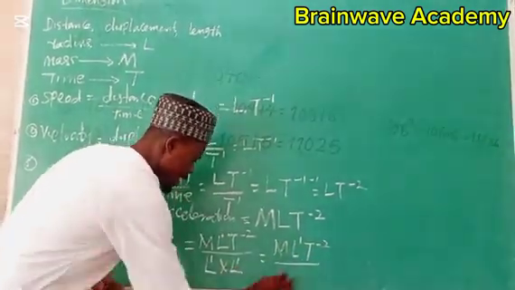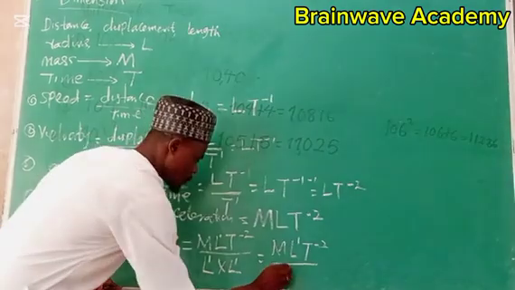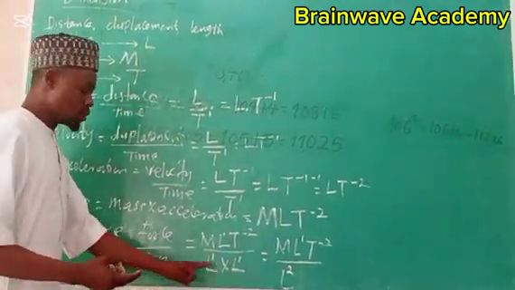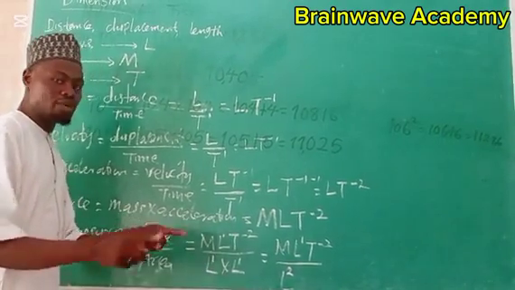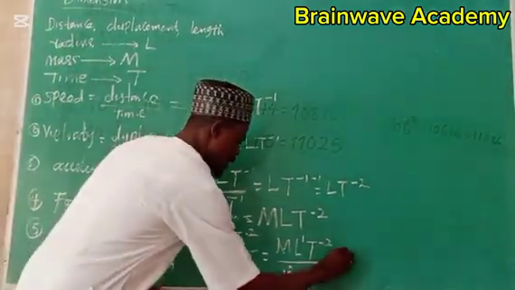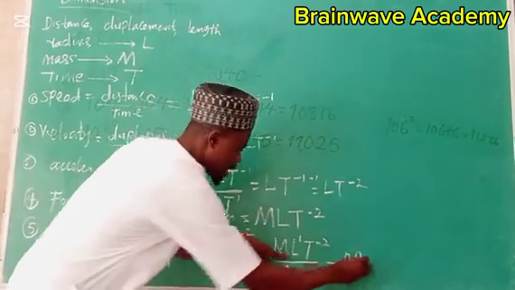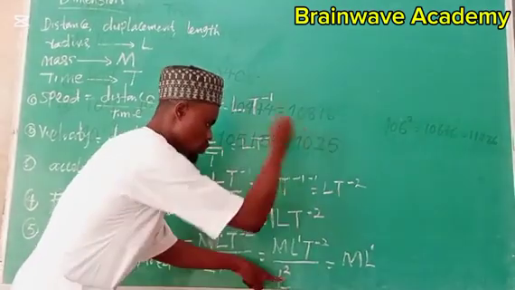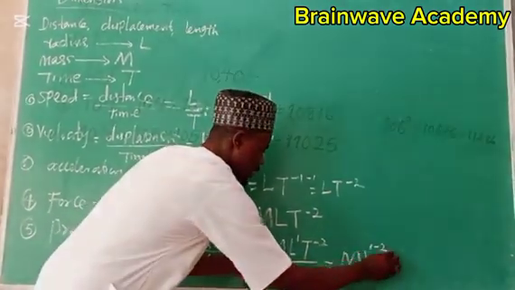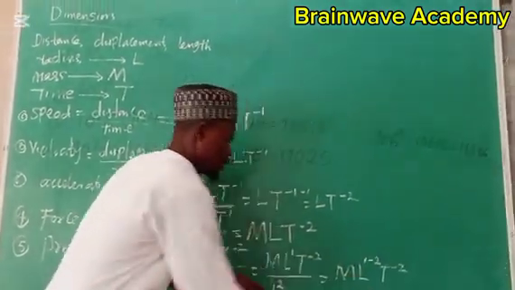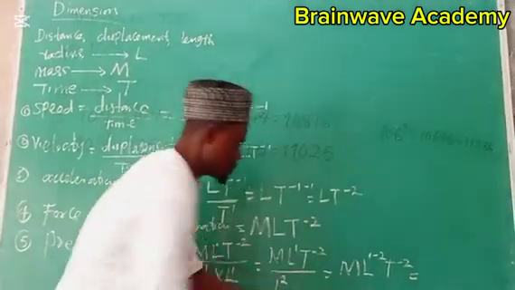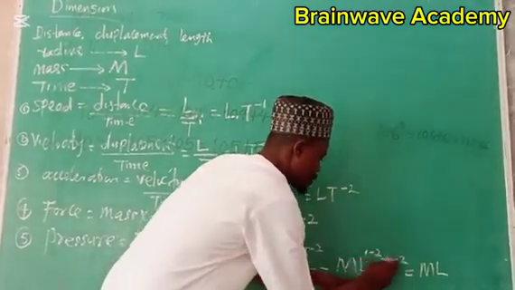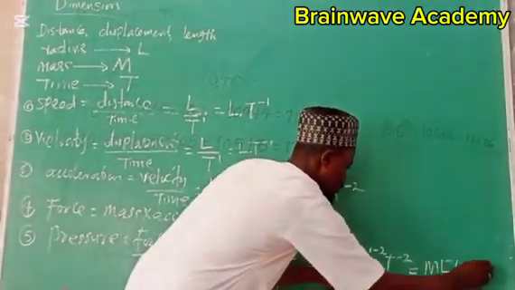1 plus 1 is 2, because in multiplication of indices, when you have multiplication between two letters, you add the powers. So we now have M. M is common, I'll pick the first power. L to the power 1 minus 2 is L to the power minus 1, then T to the power minus 2.